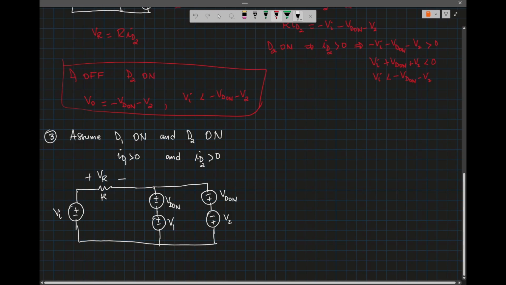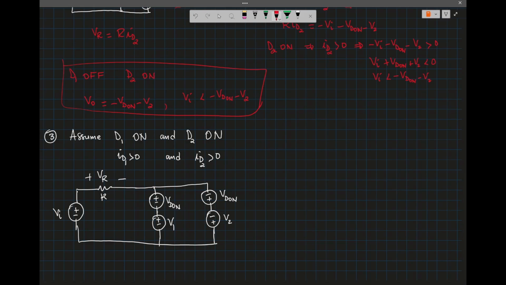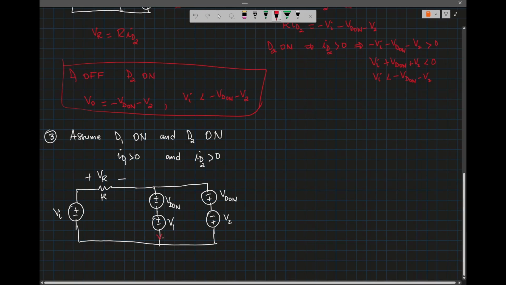The current to diode D1, ID1, will be there, and ID2 will be flowing up.